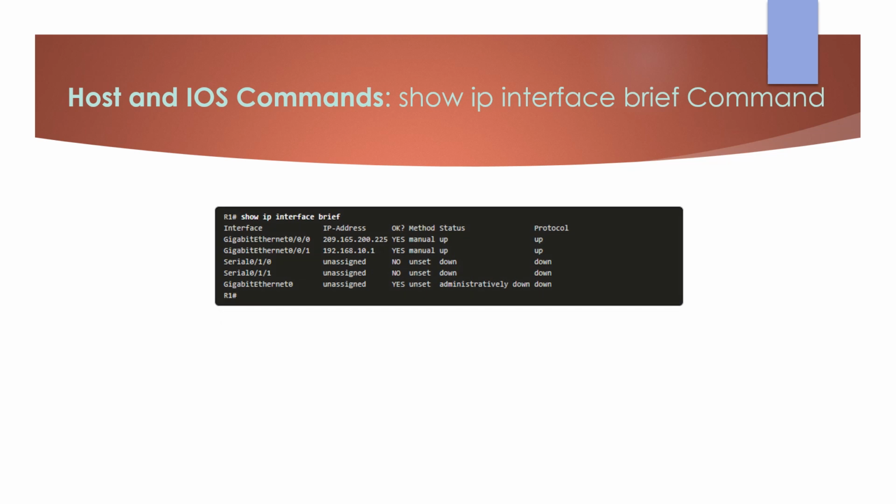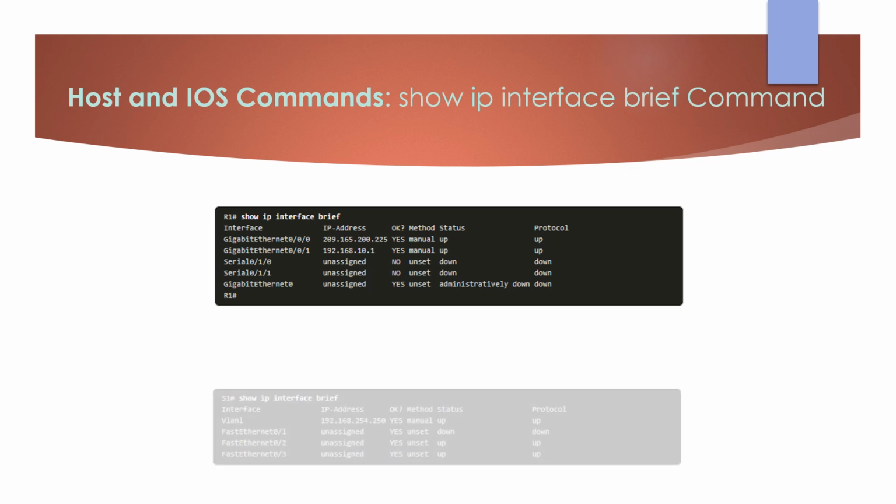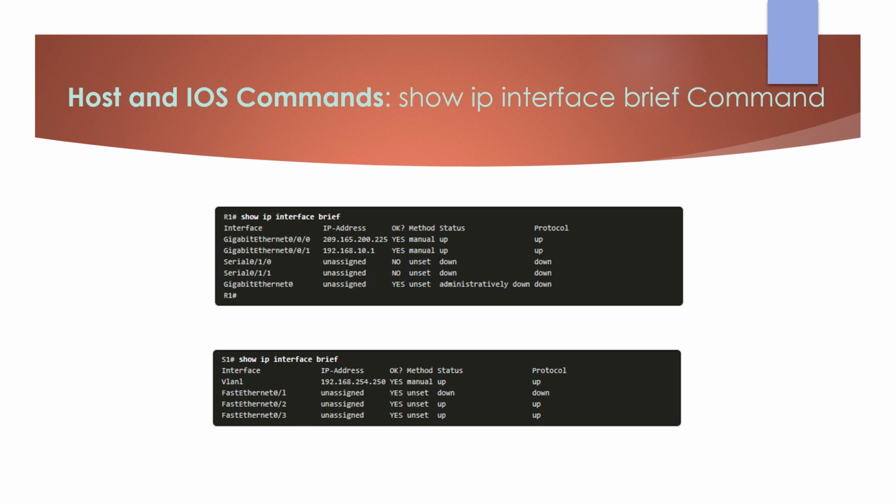By using show ip interface brief, the output displays all interfaces on the router, the IP address assigned to each interface, if any, and the operational status of the interface. The show ip interface brief command can also be used to verify the status of the switch interfaces, as shown here in this output.